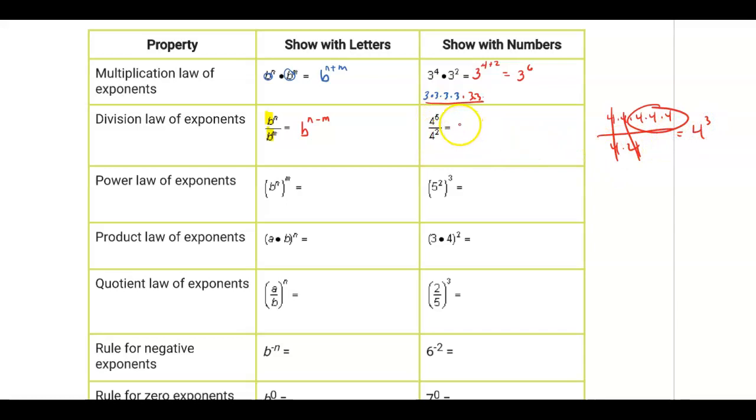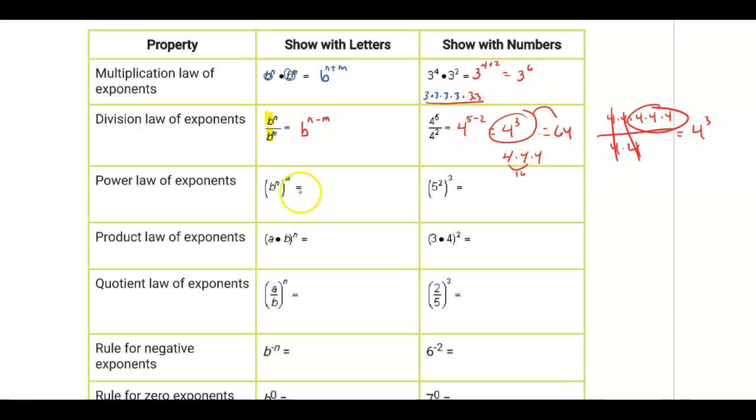Now the easier way to do that is to know I can write it as 1 base of 4, subtract the exponents to get 4 to the third power. Now I could take that further by doing 4 times 4 times 4, which would be 4 times 4 is 16, times 4 is 64. Either of these answers would be correct.